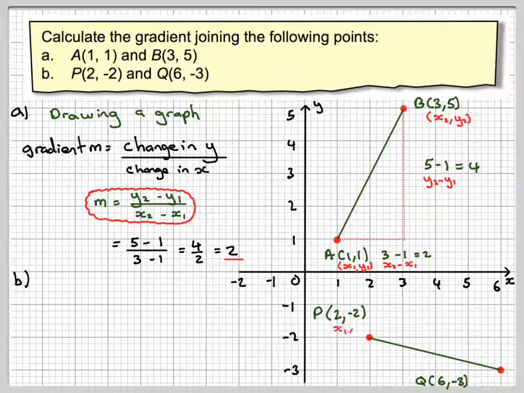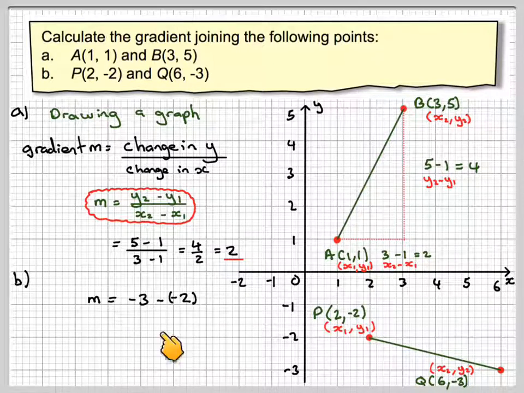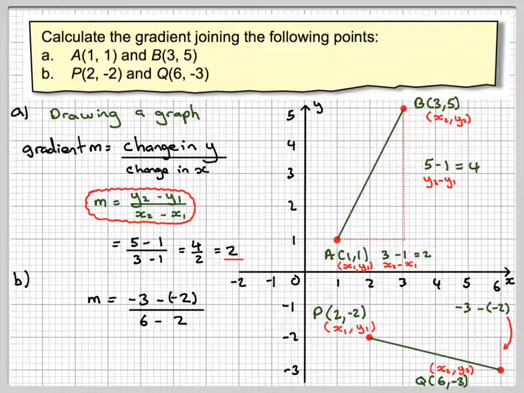Joining them up with a straight line, and using x1, y1 for this one and x2, y2 for this one, we do the same idea: taking the y coordinate here, minus 3, minus 2, which gives me this distance here, divided by 6 take away 2, from the x coordinate, this distance here. So we get minus 1, since minus 3 minus 2 is like minus 3 plus 2, divided by 6 minus 2, which is minus 1/4.